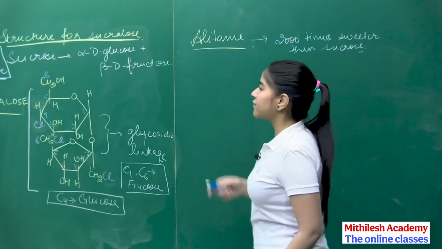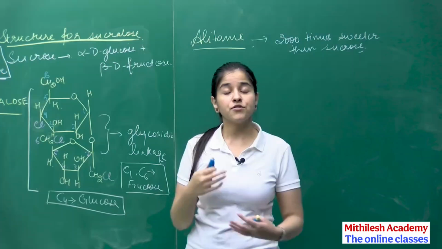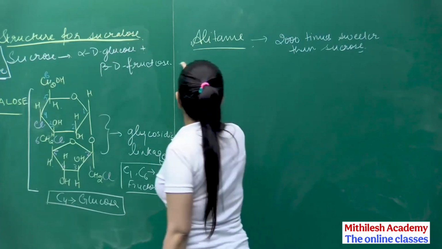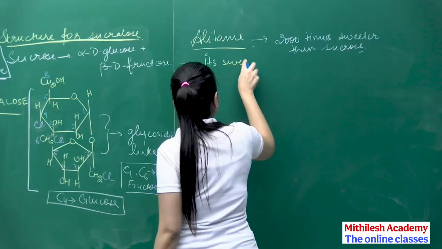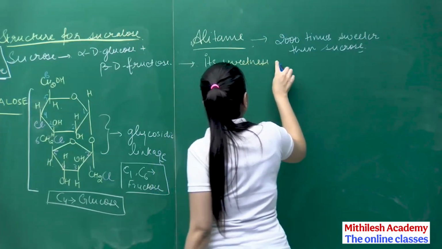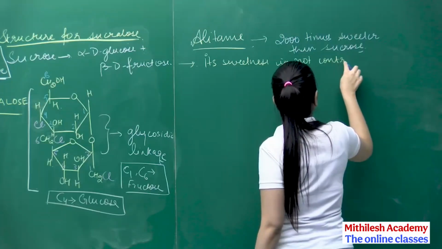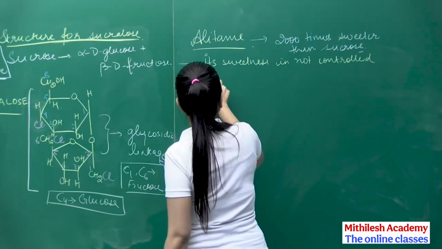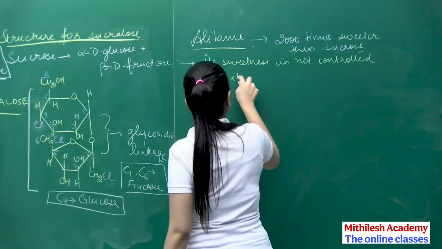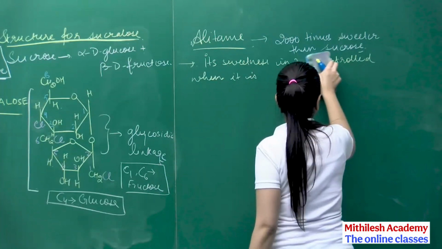So basically whenever it gets into the food, what happens? The sweetness is not at all controllable. Its sweetness is not controlled when it is added, or I can say not controlled but uncontrollable.